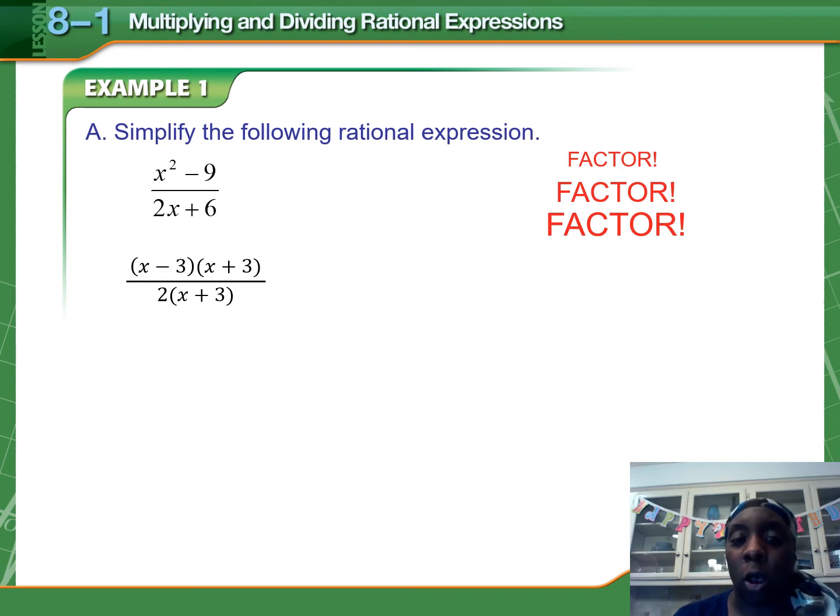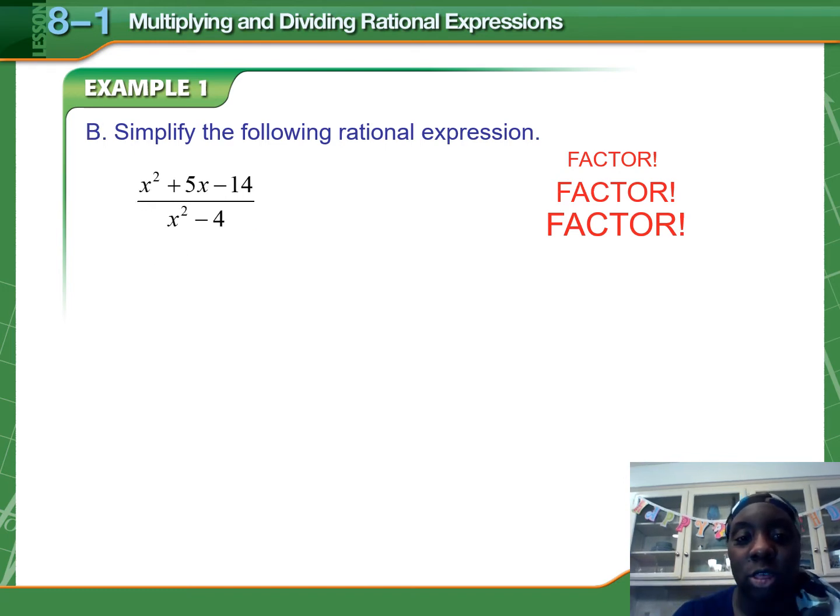Now, since they're all factors in multiplication, then I can do just what I did in the previous problem and just simplify what's the same. Because x plus 3 over x plus 3 is 1, I'm just left with x minus 3 over 2. And that's literally what you're doing today. It's not that hard. We're going to go through this pretty fast.